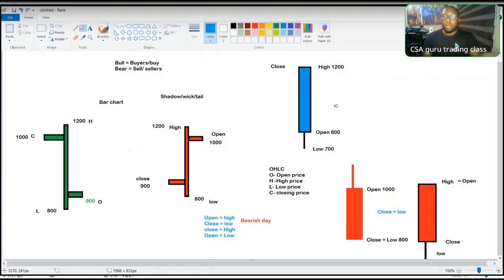What I just explained here is close equal to high. Now we can also have open equals to low. That is, we can have our wick above instead of below.